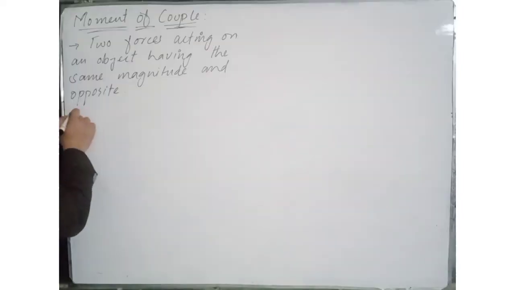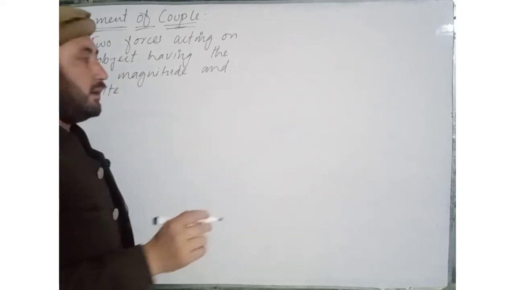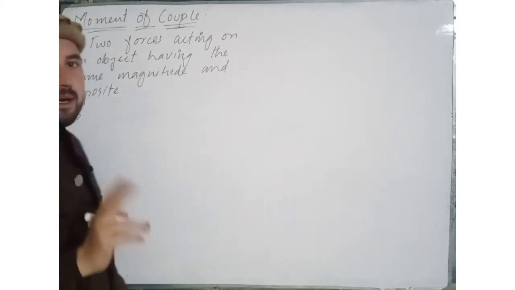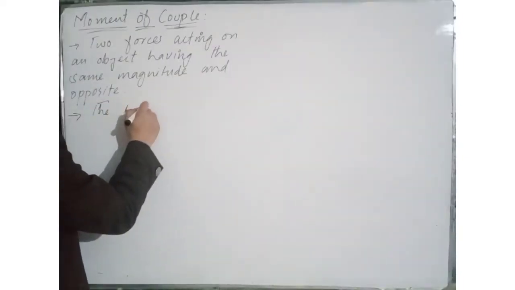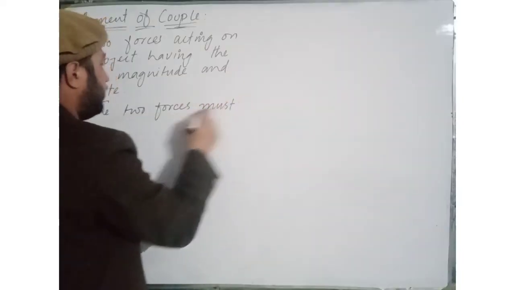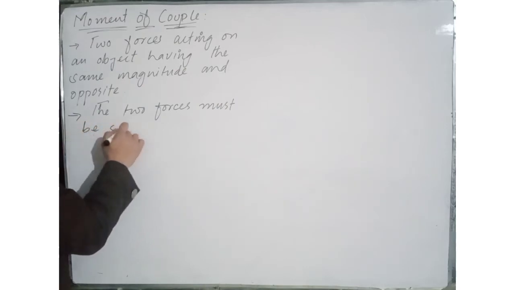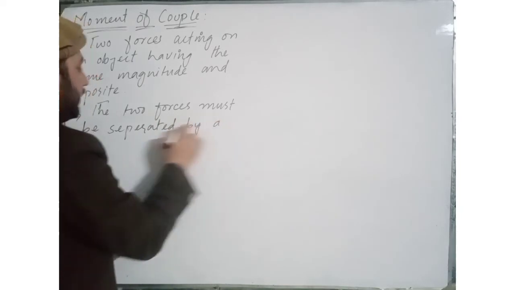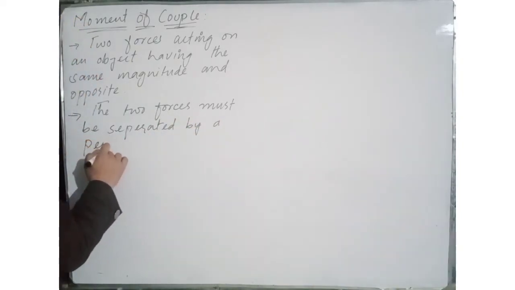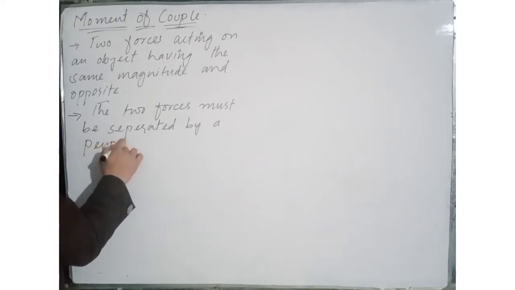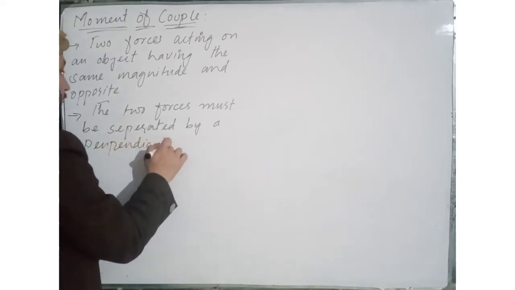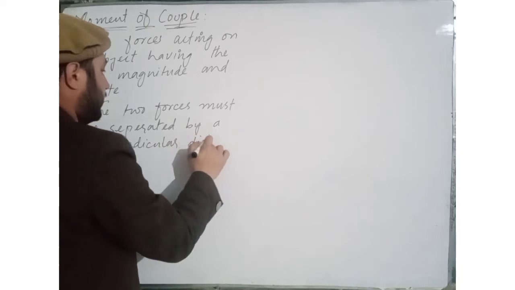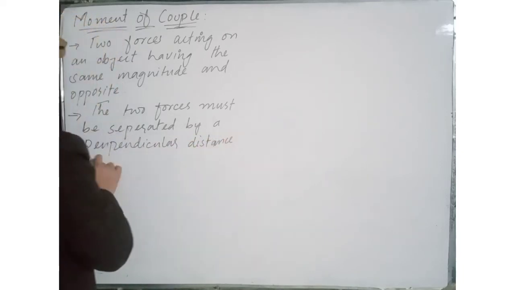Okay, and these two forces must be acting at two different points. So the two forces must be separated by a perpendicular distance, and let's call that distance d, right?